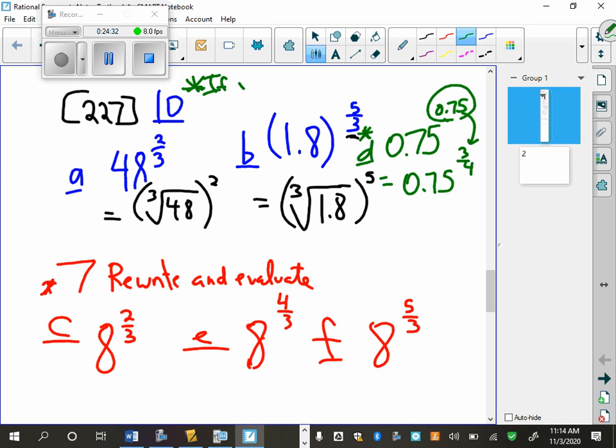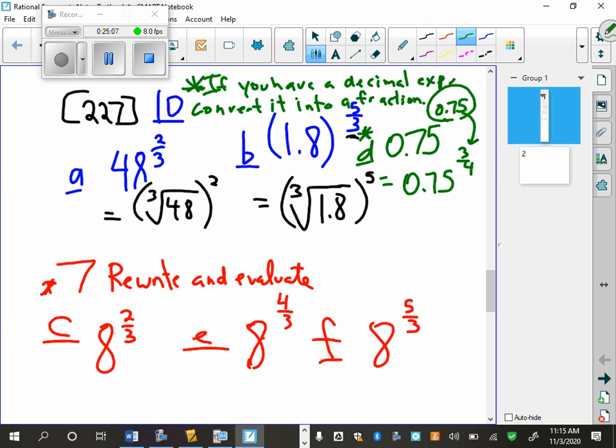If you have a decimal exponent, well, we haven't been talking ever about decimal exponents, but we've talked about fractional exponents. So you convert it into a fraction, and then you know your denominator is the root. Anytime you see a decimal exponent, you convert it into a fraction.